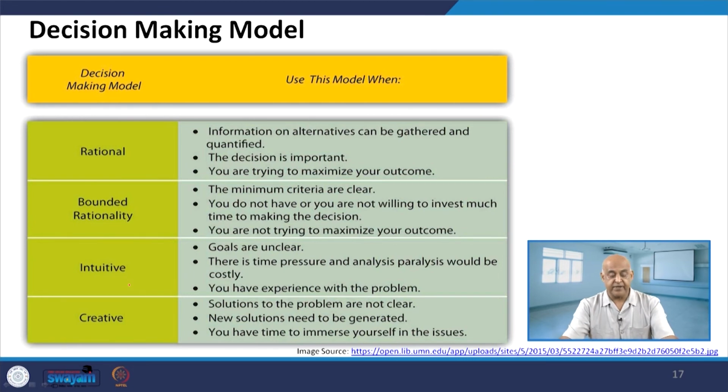If information on alternatives can be gathered and quantified, the decision is important and you are trying to maximize your outcome, use the rational model. If the minimum criteria are clear and you are not willing to invest much time in making the decision, then you use the bounded rationality model. If goals are clear, there is time pressure and analysis paralysis would be costly, and you have experience with the problem, go for the intuitive model. And whenever solutions to the problem are not clear and new solutions need to be generated, and you have time to immerse yourself in the issues, go for the creative model.